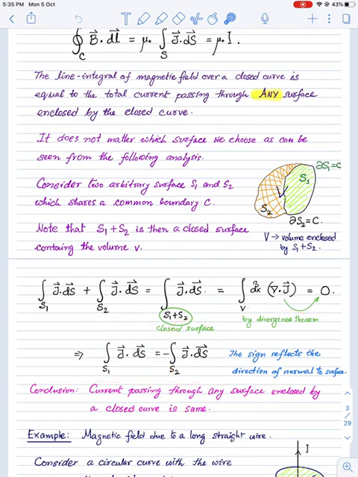This sign has to do with the fact that when you consider them together, it has to be the outward pointing normal, but when you are considering the currents, they have to be directed in the same way. The magnitude of the current through both the surfaces is the same.